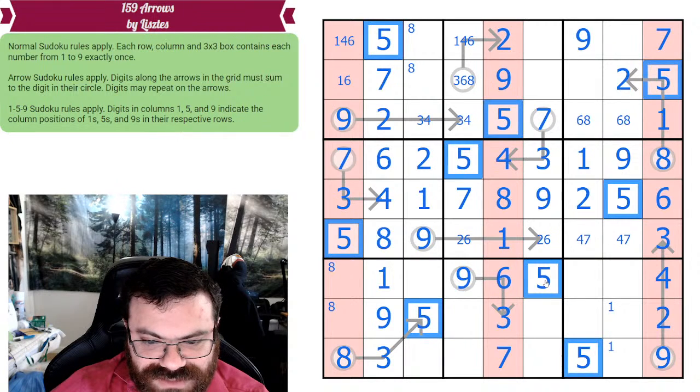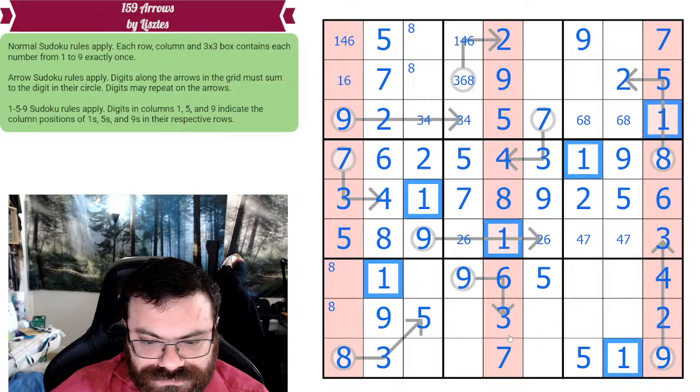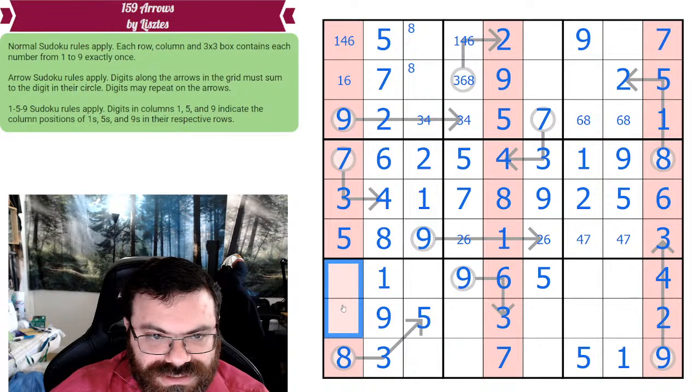I should have all my 5s now. I do. This 8 places the 1. So these can't be 8. These can't be 1 either. So we need a... Oh, this is the 2. That's where the 1 is.